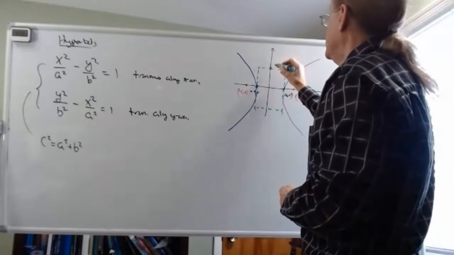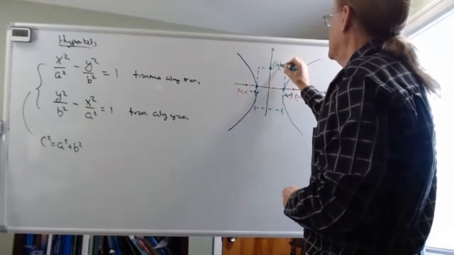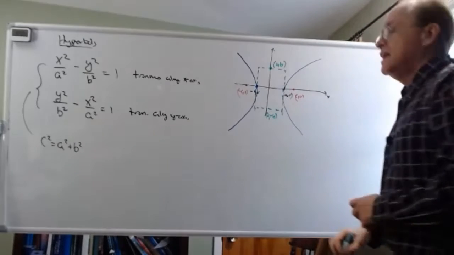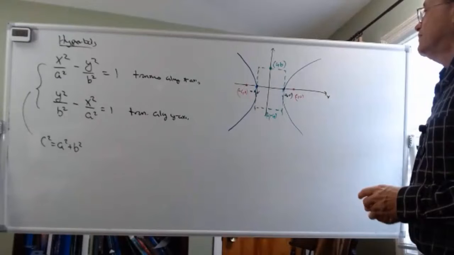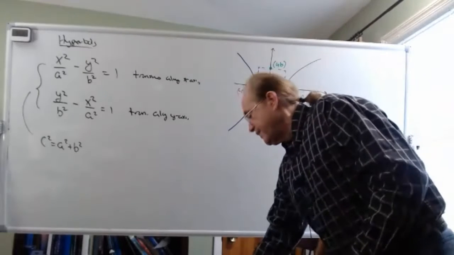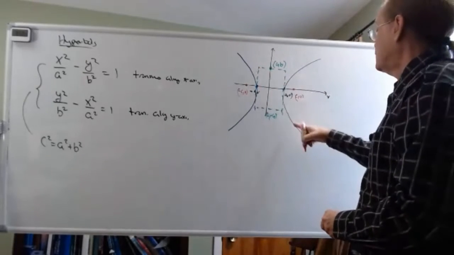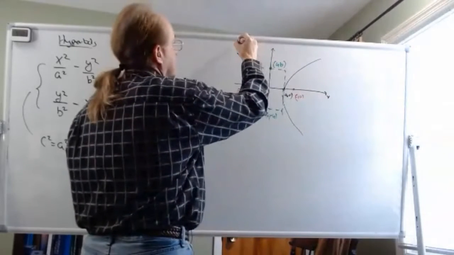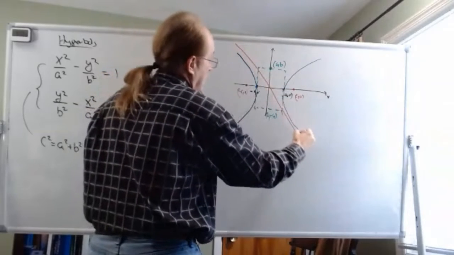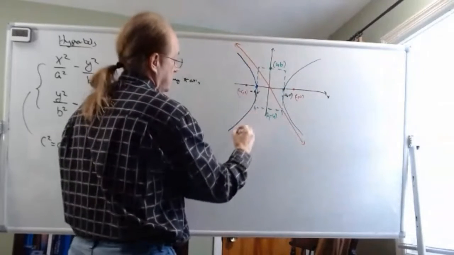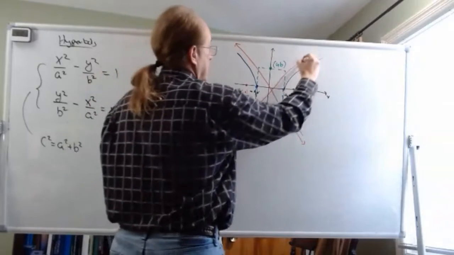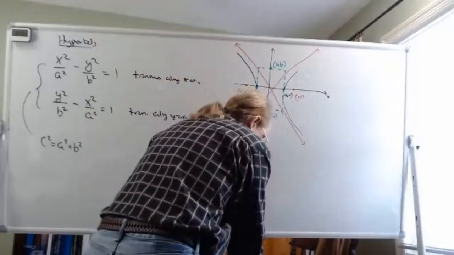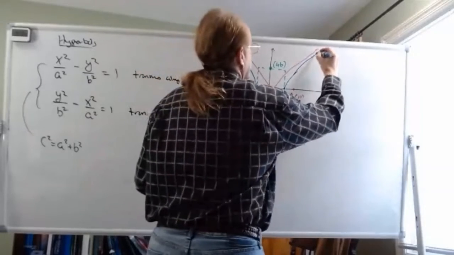This height here turns out to be the B value, 0 comma B, 0 comma negative B. And very interestingly, if I then draw two lines through these corners, I get that, and I also get this. It turns out that both of those lines are asymptotes.